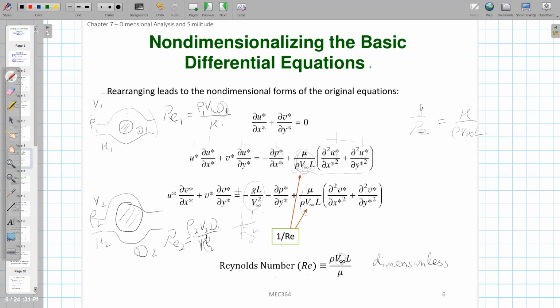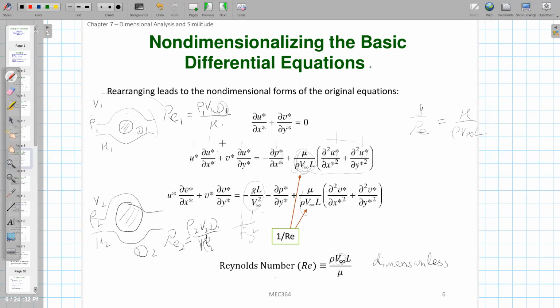If we neglect the gravity force, only the one over Reynolds number is important. Since we already know this result, we can calculate U star, V star, and P star from this problem, and this problem will share the same non-dimensional values.